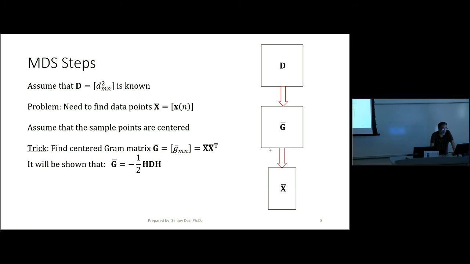So this is the first step: from the square distance matrix we get the centered Gram matrix G bar, and then from the centered Gram matrix we get the X bar. We estimate the X bar.